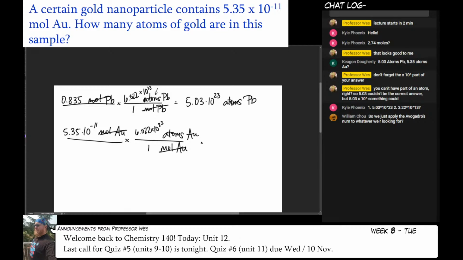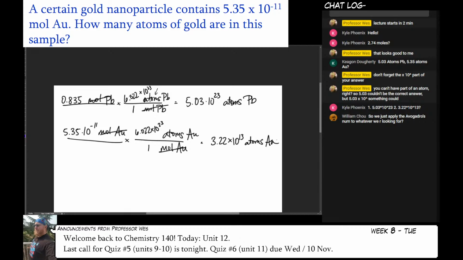So I'm punching that in the calculator, and I get 3.22 times 10 to the 13 atoms of gold. That is still a lot of atoms. Like, that's 32 trillion atoms in a nanoparticle.